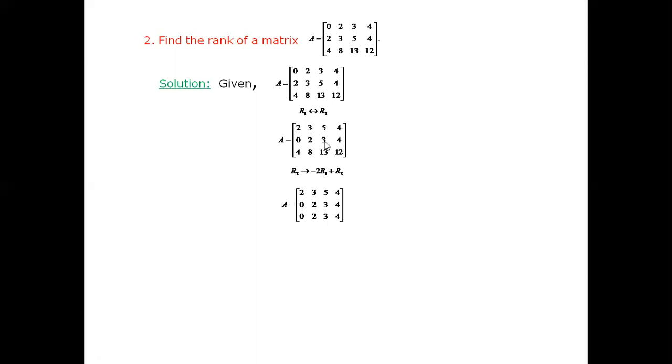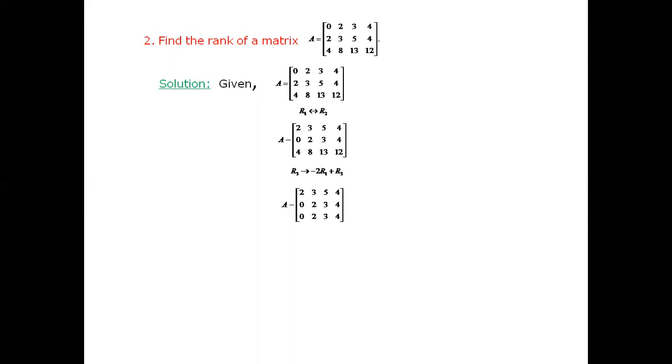And this is 5 into minus 2, minus 10. Minus 10 plus 13, 3. This is minus 8 plus 12, 4. So this is the simplified matrix we get. Now the first stage is over. I mean, first element, that is leading entry, is non-zero. Elements below the leading entry are zeros. Now we'll move to second stage.